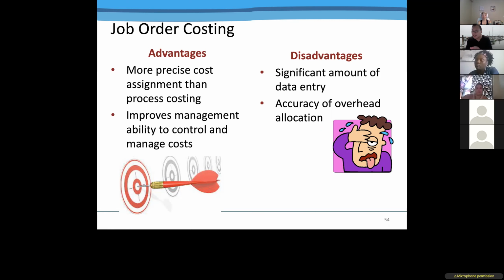The disadvantage is the amount of data entry. It's quite a bit of work, right? Quite a bit of work. And also the overhead allocation is not very accurate, right? We use estimation. So that's for job order costing.